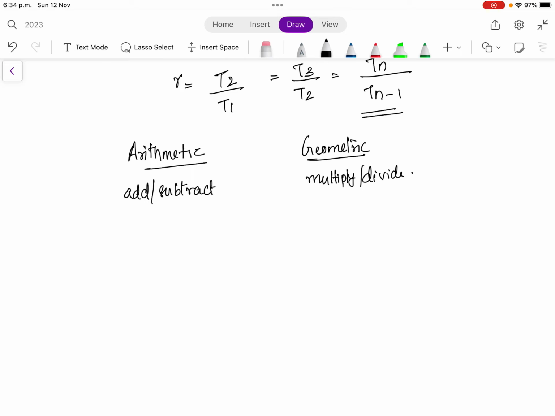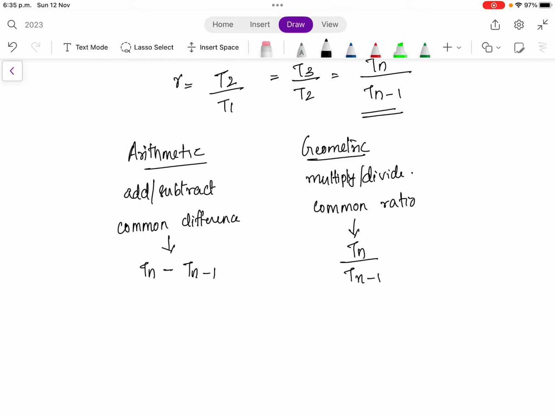Okay, and the value you use is called the common difference in the case of an arithmetic series, and here what you multiply or divide by is called the common ratio. Okay, how will you find the common difference? tn minus tn minus 1, so here you subtract. To find the common ratio, you do tn divided by tn minus 1.